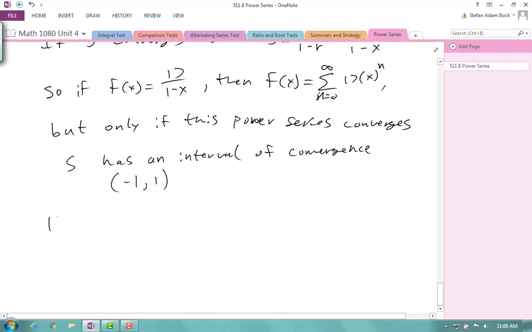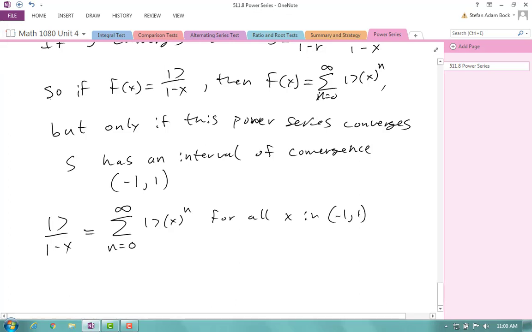Which means that 17 over 1 minus x is equal to the sum from n equals 0 to infinity of 17x to the n for all x in the interval -1 to 1. But otherwise, the series will diverge and it will not be equal to the function.